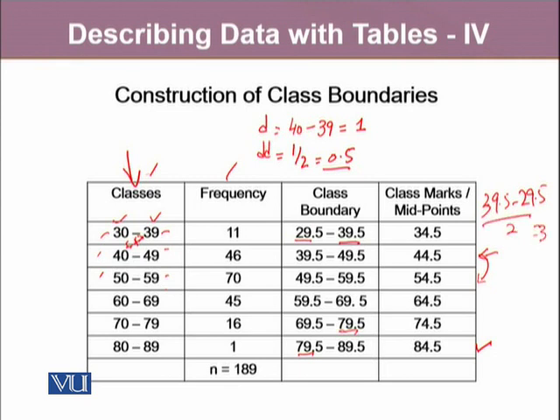We will get 34.5, and the same way for all. Since we already know that the height of the class interval, that is the class width, is h, which equals 10 in this case, for the class marks, each successive value differs by h, which is 10, and 10.